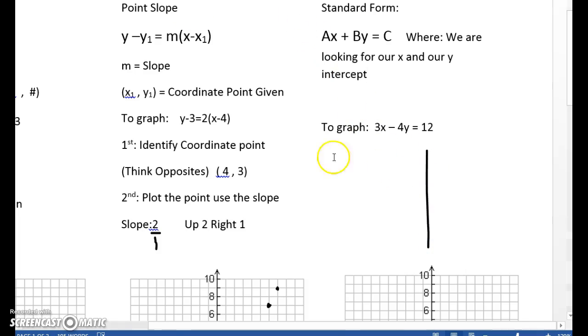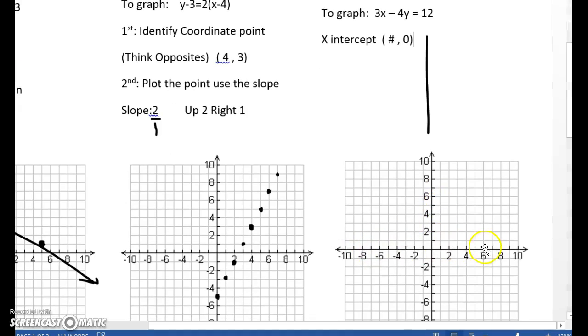So for my x-intercept, I know that it's always my number that I'm looking for, comma 0. Because if I'm on the x-axis here, right, here's my x-axis, my x-intercept, I've gone nowhere up or down. I have 0 for that y-coordinate. And it was the opposite for the y-intercept.